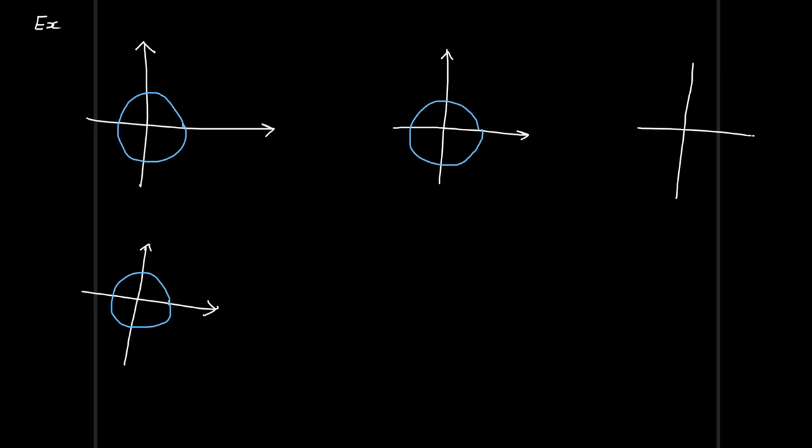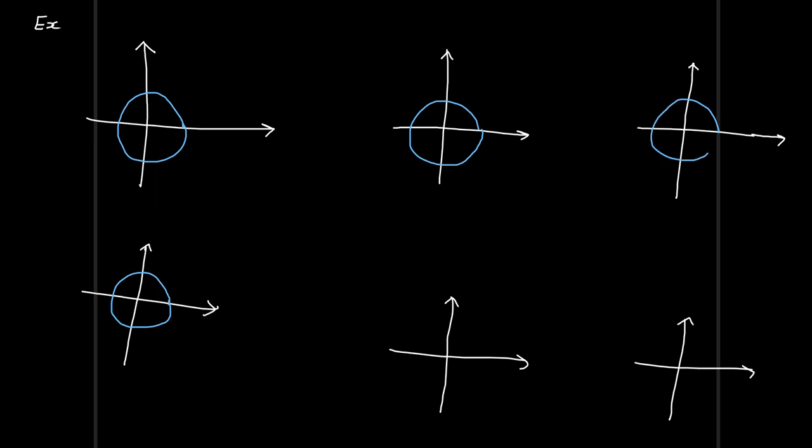Let's make 6 systems. And I'm plotting here the unit circle. Now this is the real part, this is the imaginary part for all the plots here.